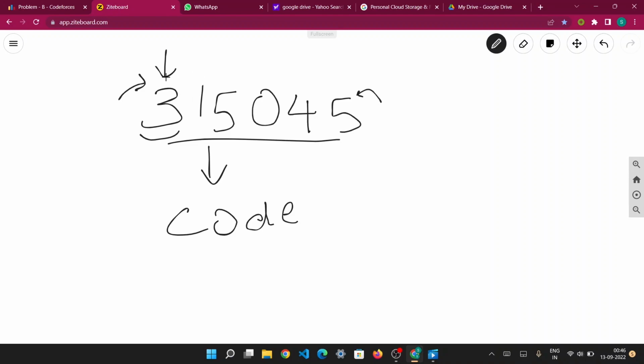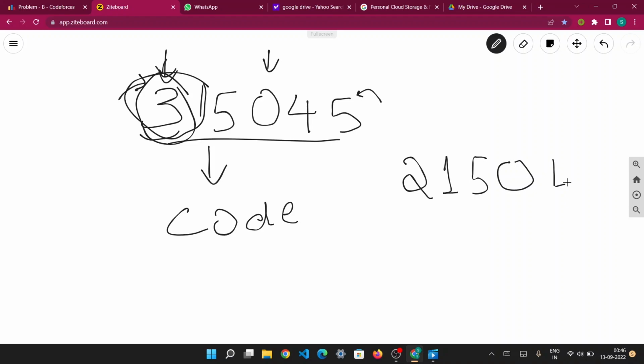Now looking at the string from the left is kind of ambiguous because here, initially without checking for this particular 0, this 3 could correspond to either a single number 3 or 31. Here we do not have 31, but see we have a case where it is 215045. So in that case it is AODE.